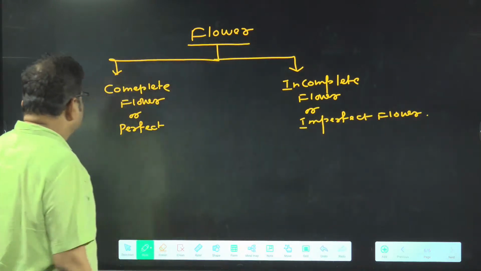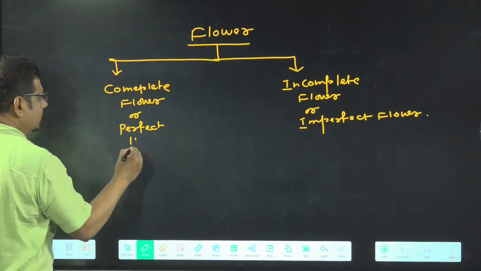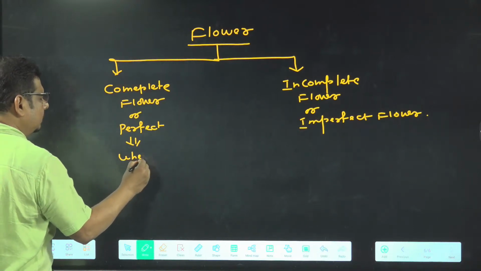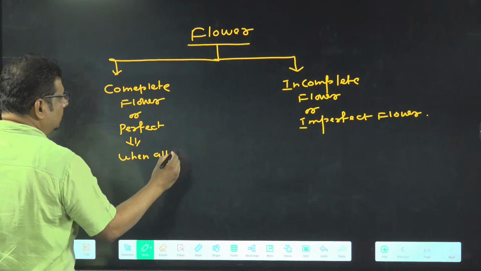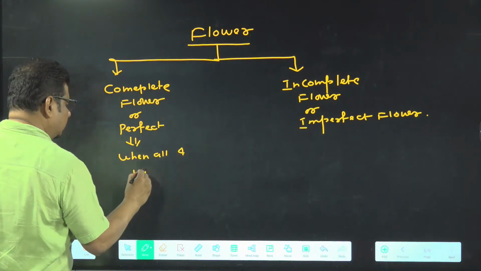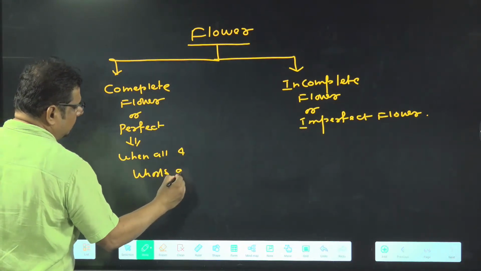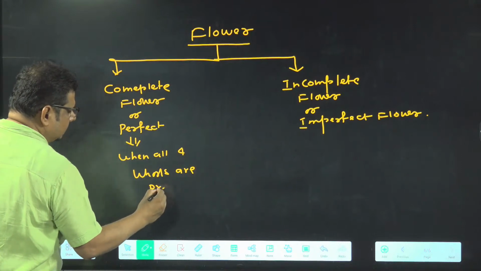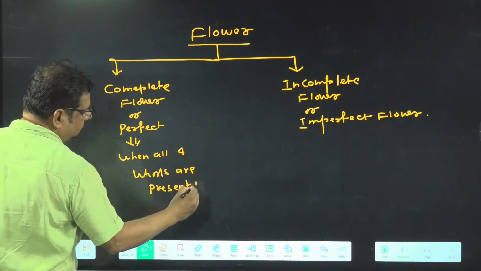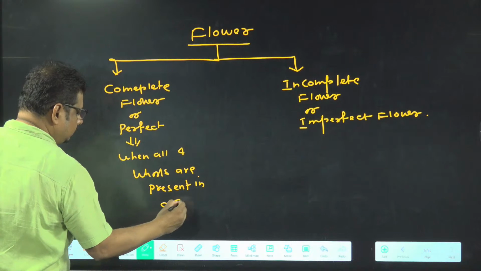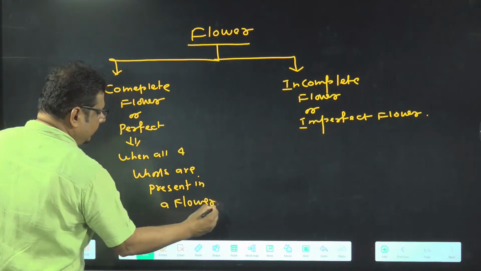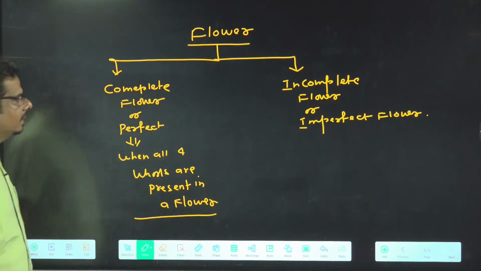Right? So complete flowers are what basically? When all four whorls are present in a flower, it is called a complete flower.